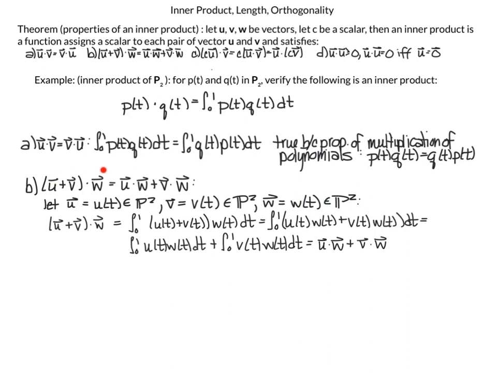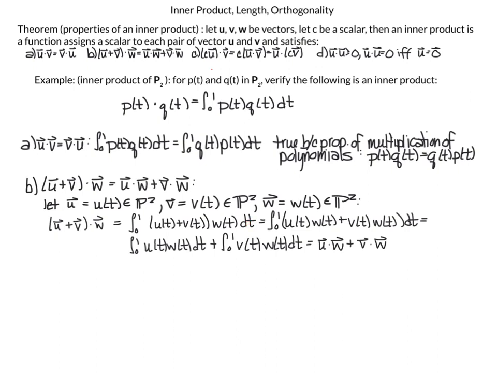So looking at the left-hand side of the equation of the property we want to show, we're going to get u plus v dot w. So that's going to be the integral. Well, first we have u plus v, so u(t) plus v(t) dotted with w, so multiplied by w(t) dt. So again, I'm just plugging this into my definition of my inner product.